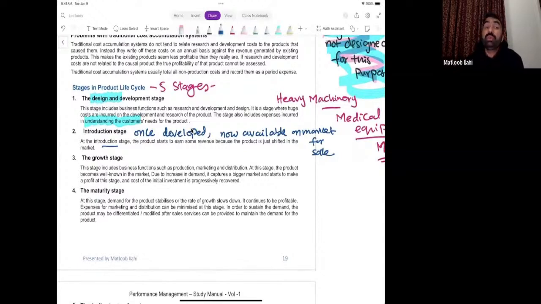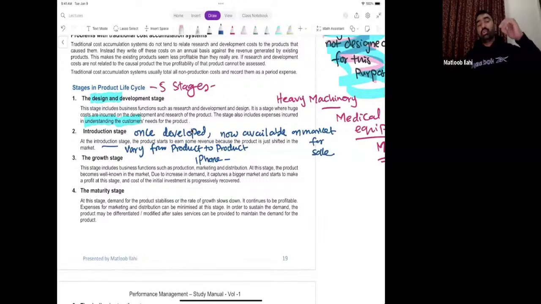Some products would be in high demand at the introduction stage, but other products would need to be heavily marketed. It varies from product to product. Like Apple, for example, if you think of iPhone, or Samsung phones or electronics, because these products already have their strong markets, strong customers, demand, and loyalty.